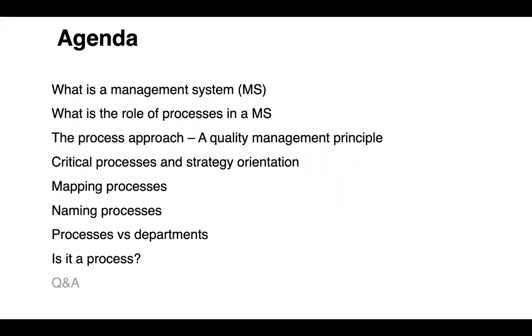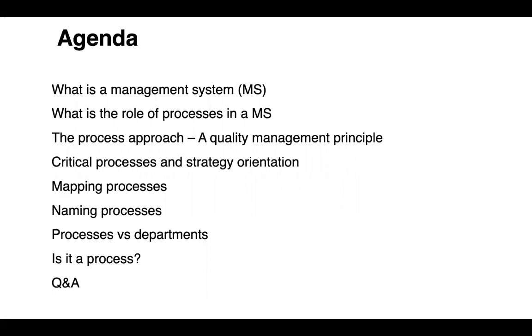Because sometimes I see organizations include many things as processes. And I don't think that is useful for having a lean model to show how critical outcomes are attained. If you populate your model with too many things that are not really processes, it's not useful. And at the end, we'll have the Q&A.